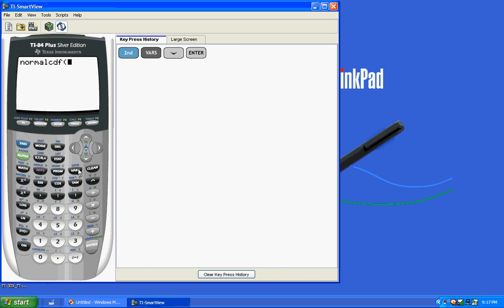For normal CDF, the argument is the left bound, meaning the leftmost point that you're considering, comma, the right bound, comma, mu, and sigma. If you leave mu and sigma off, your calculator understands it to be standard normal, where mu is 0 and sigma is 1.